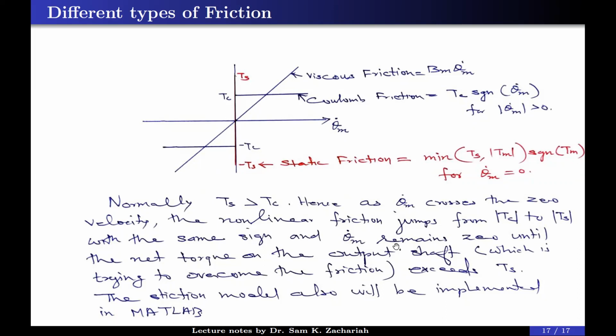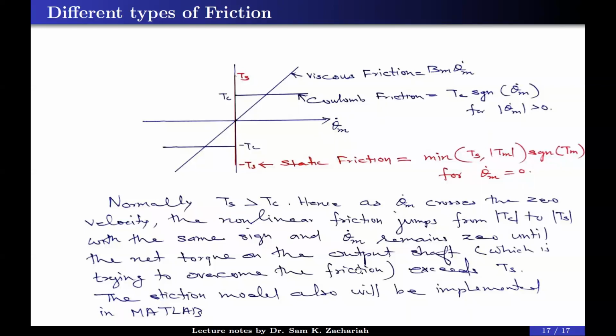Once it is caught, it can come out only if the applied torque exceeds the stiction. That means the net torque on the output shaft, again I am repeating, which is trying to overcome the friction. It is the net torque on the output shaft, not the motor torque. It can be the torque due to some load spring; all such things we have to put together.